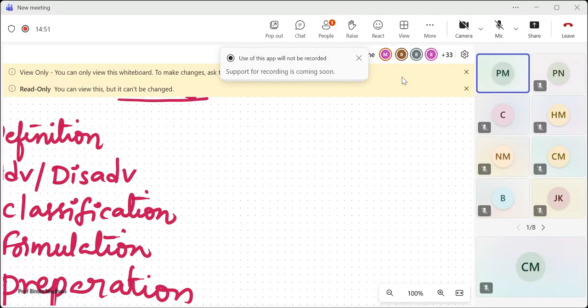And then we apply this compressional force and prepare small disc-like structures called tablets. Am I clear with the definition? Yes, clear, Prof. Now let's look at the advantages and disadvantages of the tablets.